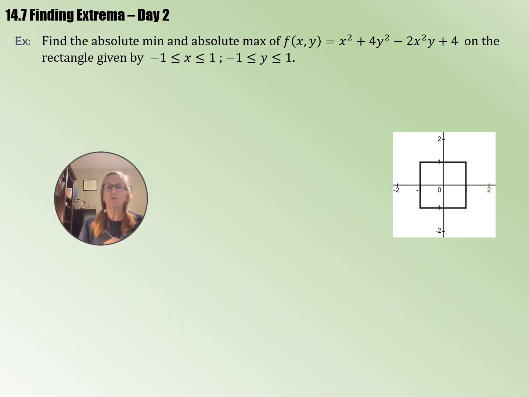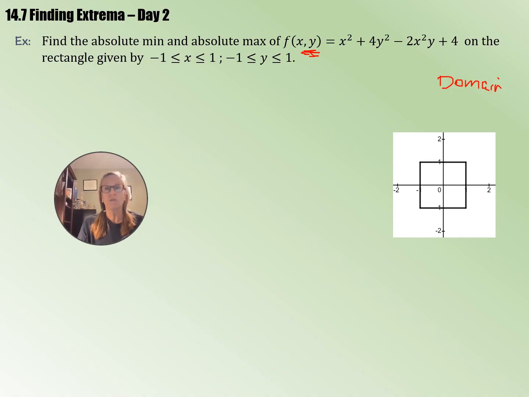All right, so here we go. So maybe now you understand what I mean by boundaries. Look at those boundaries. If we are looking at the domain, I am looking at the domain that is restricted. It is bounded. Now if I just asked you for the domain of f of x, y, there's no issues. The domain's all real numbers.